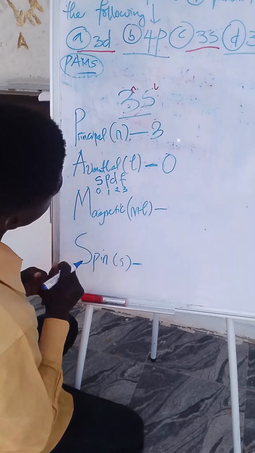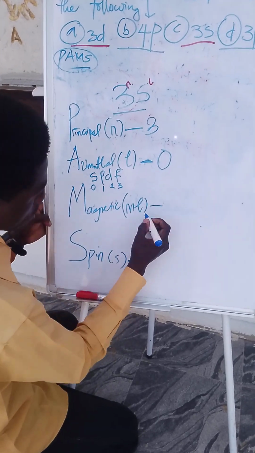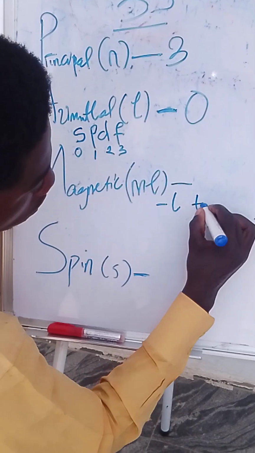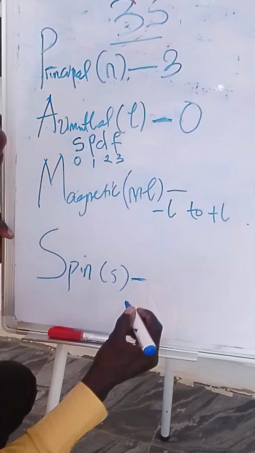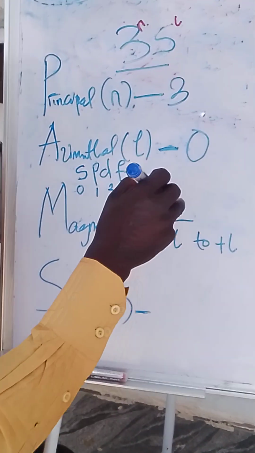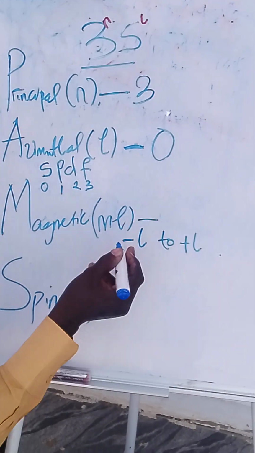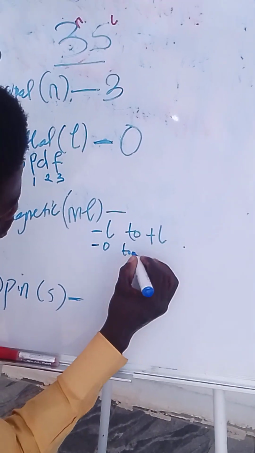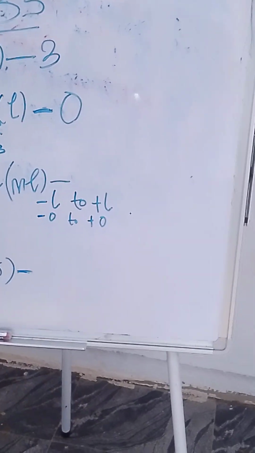Then magnetic. The formula is from minus azimuthal to plus azimuthal, and the value of my azimuthal here is 0. So that's from minus 0 to plus 0. But is there anything like minus 0?